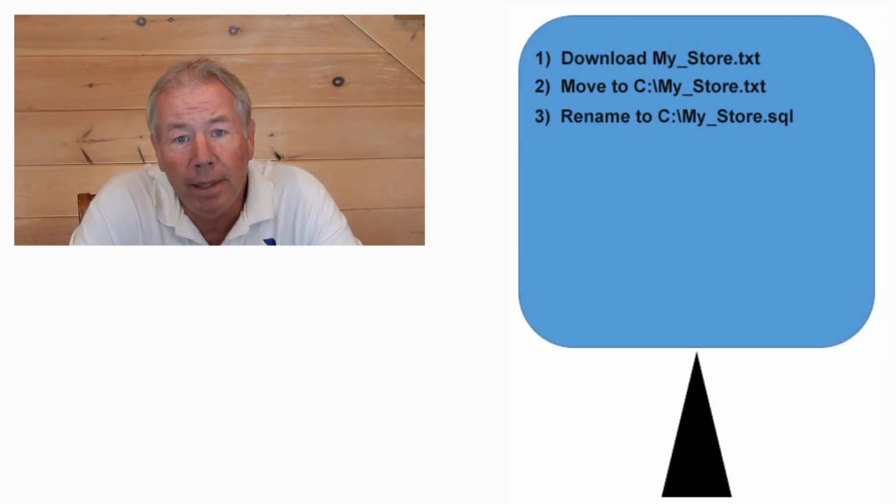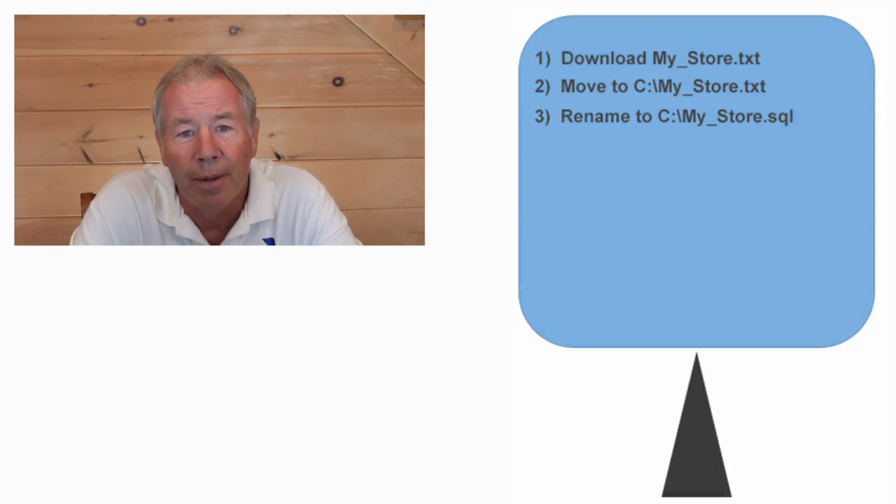Once you've got that completed, go ahead and rename that guy from a .txt to .sql. For some reason, Udemy does not allow me to upload a .sql extension file, so I had to upload it as a .txt. And now, once you've got it on your hard drive, go ahead and rename that guy to a .sql extension. Very good.